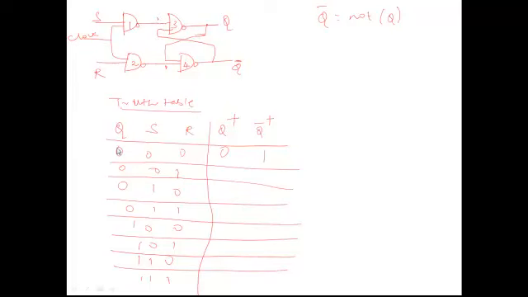From the truth table we know Q is 0, and Q is connected to the fourth NAND gate. So if the other input is 0, then we know the output is 1. It means Q plus bar is 1. This 1 will go here. So 1 and 1, the output will be 0. This completes the first row of the truth table.